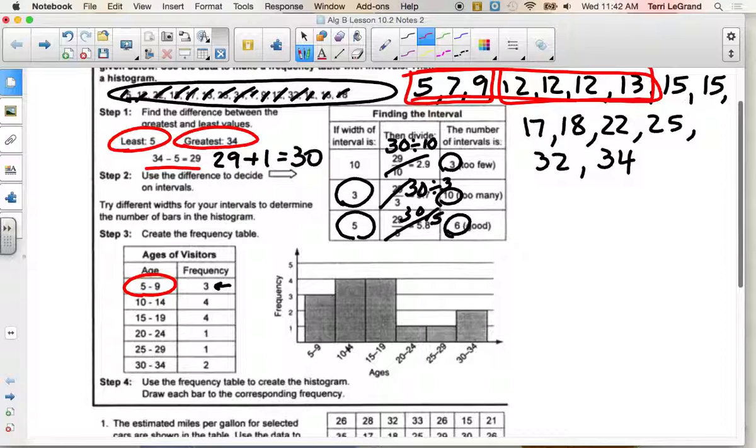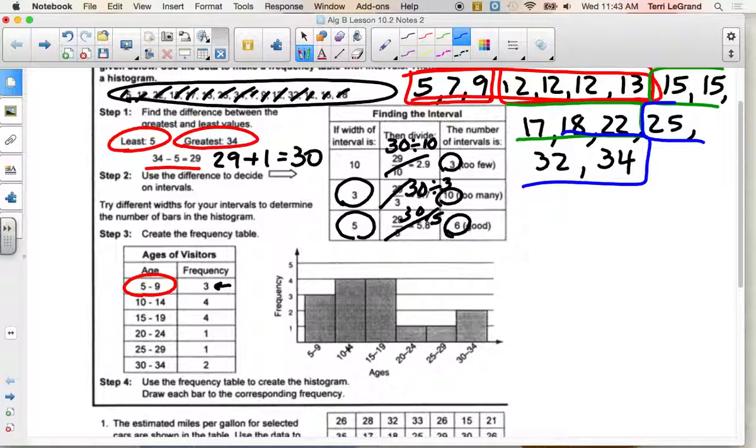Then the next interval would have started at 15 and gone through 24, with 10 ages represented in it. That would have been our second bar. The last interval would have been from age 25 through 34, and that would have been the last bar.